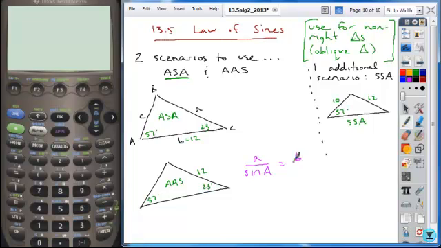So that's equal to b over the sine of B. We could also say that's equal to c over the sine of C. You're not going to have all three of these in a problem. You're just going to choose two of them, set them equal and relate them. I would use this relationship when you're solving for an unknown side.